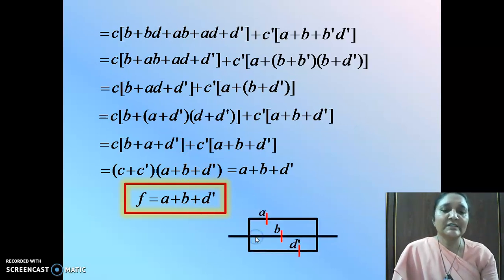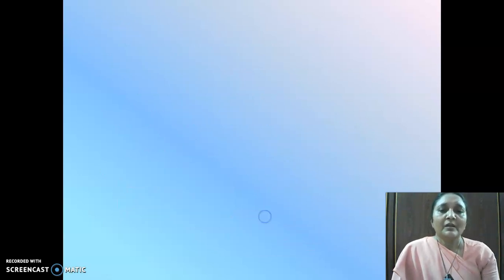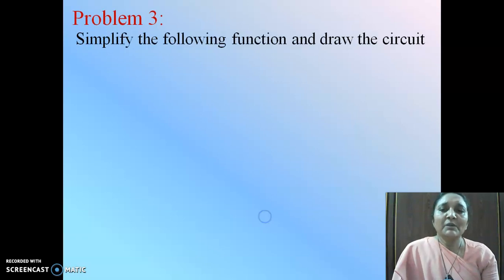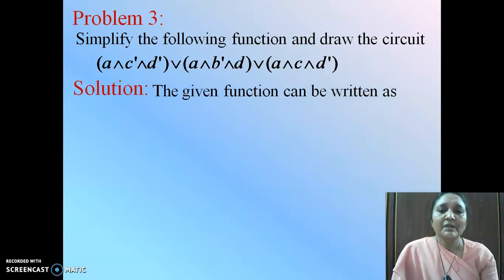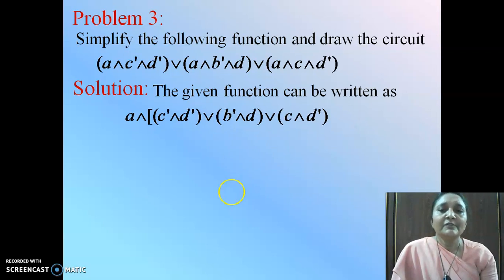So your circuit is this. Again you can look at the third problem where you have been given the function, and again you can rewrite the given function because A is common in all the terms. So A meet of, taking A common, you have the other remaining terms.